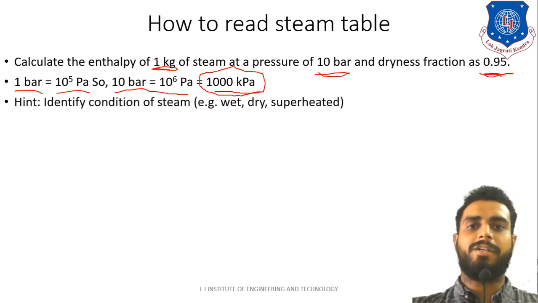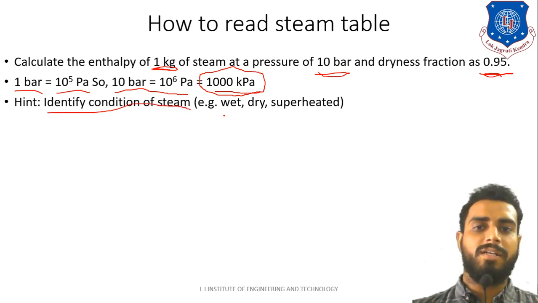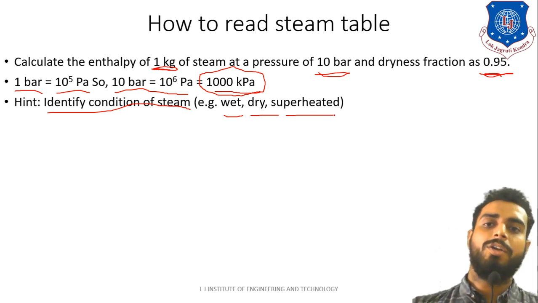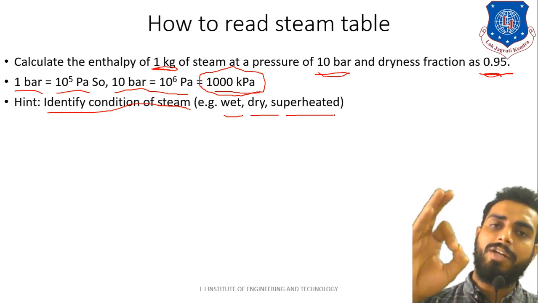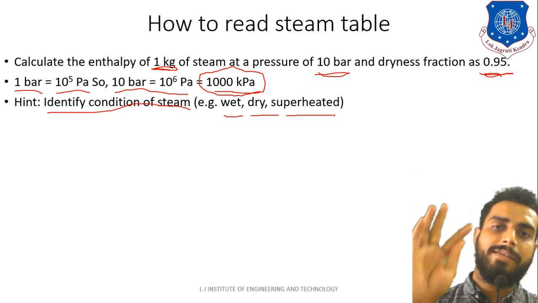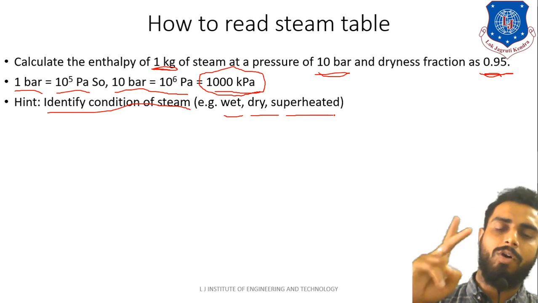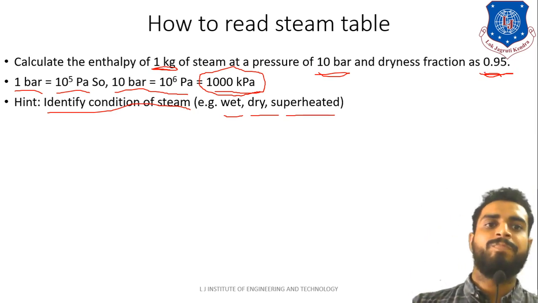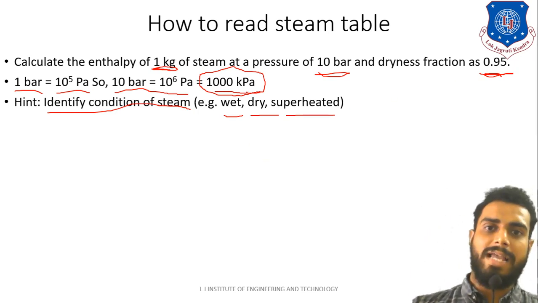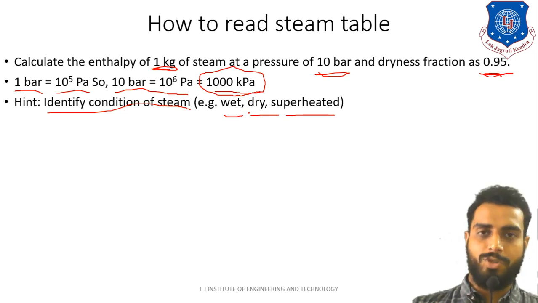Further hint: identify the condition of the steam, whether it is wet, dry, or superheated. Remember, students, whenever you are dealing with steam, first identify the condition of the steam. And remember one more thing, dry steam is also known as saturated steam.